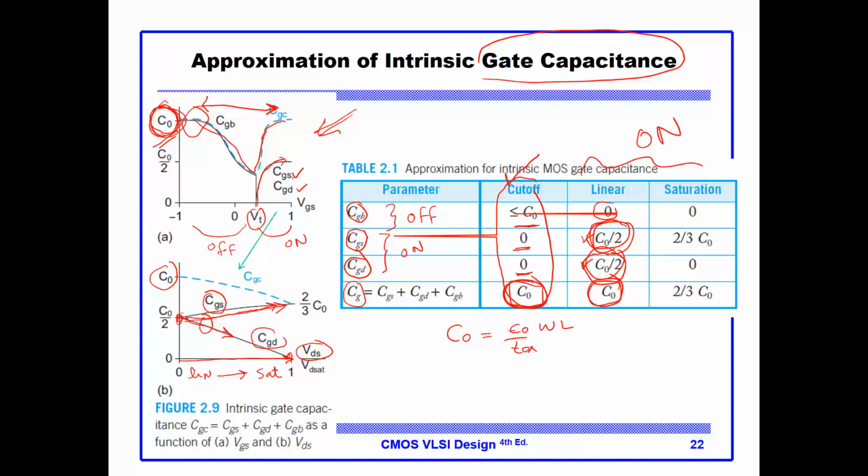So the gate to drain is 0, and the gate to source becomes 2/3 C naught. Of course, the bulk component doesn't exist because we are in the on state. The total gate capacitance becomes 2/3 C naught. This means that as we go from linear to saturation, the total gate capacitance drops from C naught all the way to 2/3 of C naught. So that's an important conclusion here.